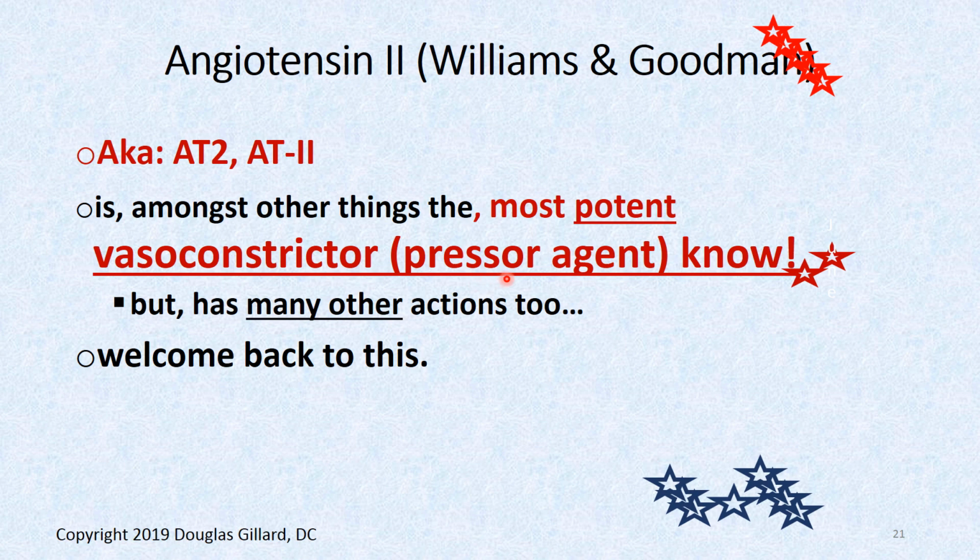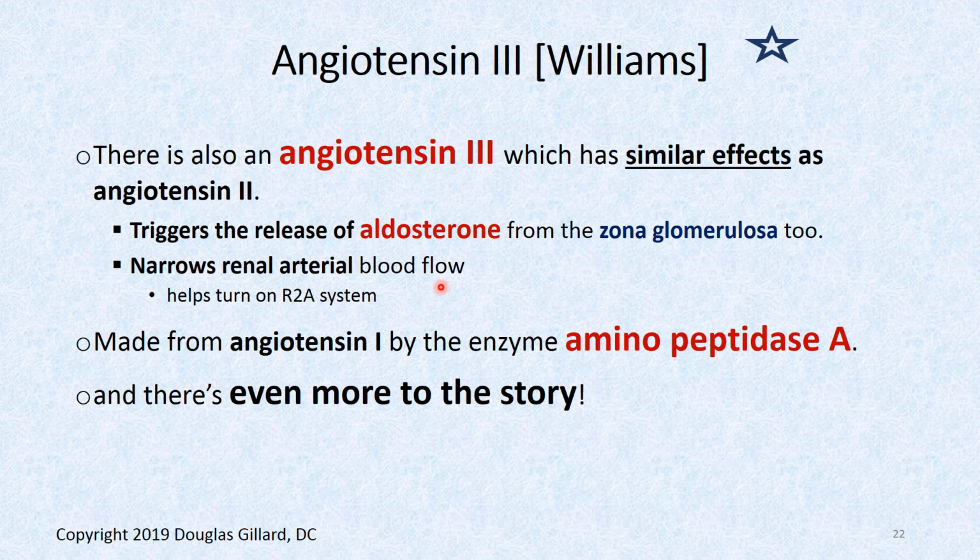Pressor, like vasopressin, right? That increases blood pressure as well. So it's a very strong pressor agent, and it can bind, as I said before, we'll come back to it officially, but it can flat out bind to the tunica media and cause a contraction of that tunica media and arterioles and increase your blood pressure that way.